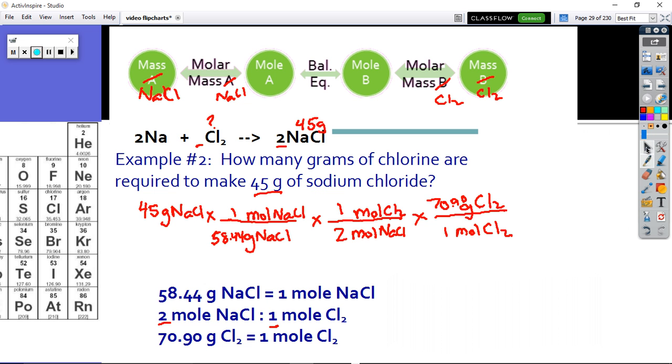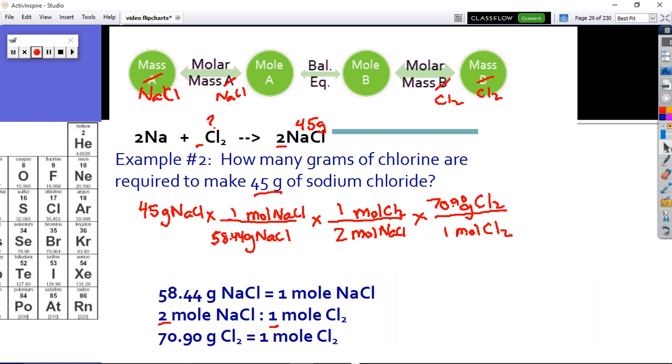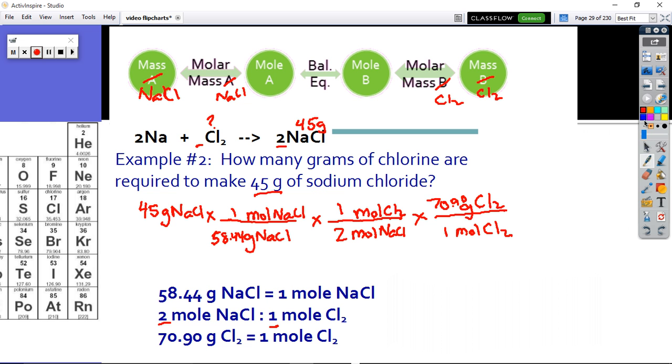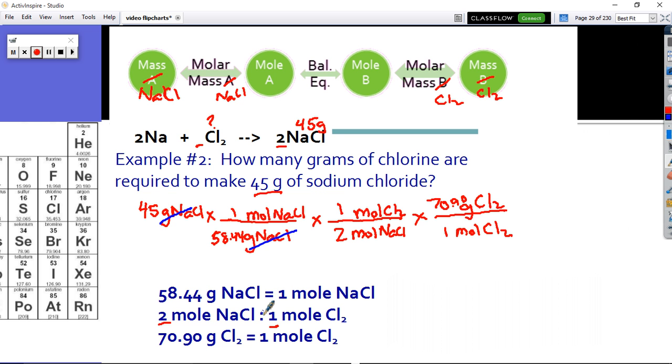Now grams of NaCl cancels because they're exactly the same on the top and the bottom. Moles of NaCl cancels, exactly the same on the top and the bottom. And moles of chlorine cancels, exactly the same on the top and the bottom. To get my answer, 45 times 1 times 1 times 70.9, which is 3190.5.